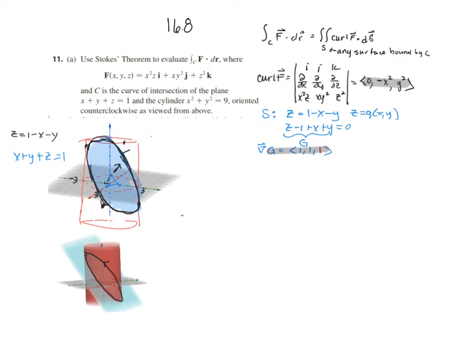Okay, and so then the line integral will be the double integral. Again, how do we do flux integrals? It's the double integral of that vector field dotted with the gradient of g dA. And so that dot product with the curl and the gradient is 0 minus x squared plus y squared.